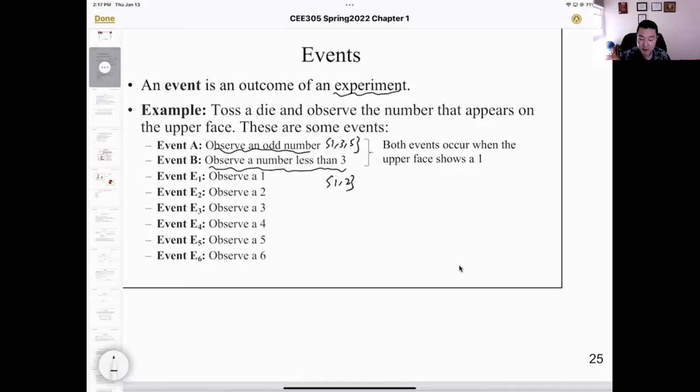We can see both events occur when the upper face shows 1. If we get 1, we observe a number less than 3, which belongs to event B. Also, we observe an odd number, so event A also occurs.